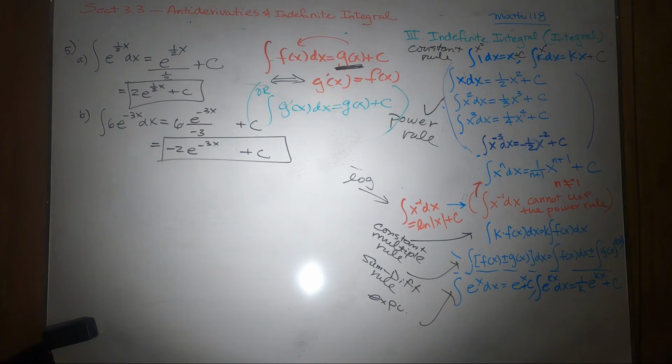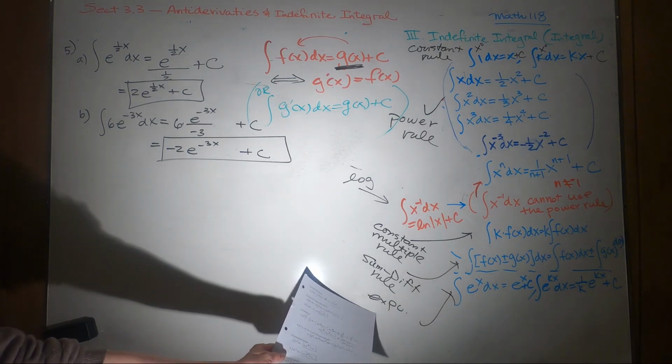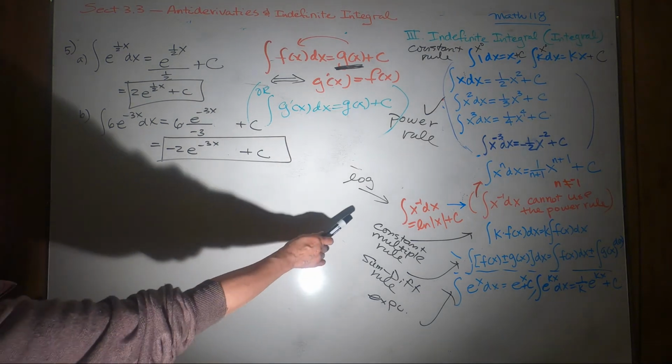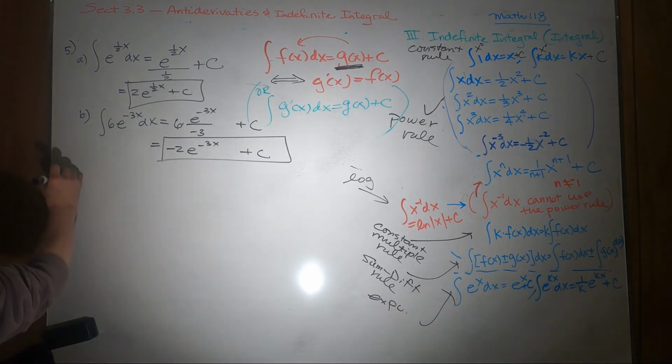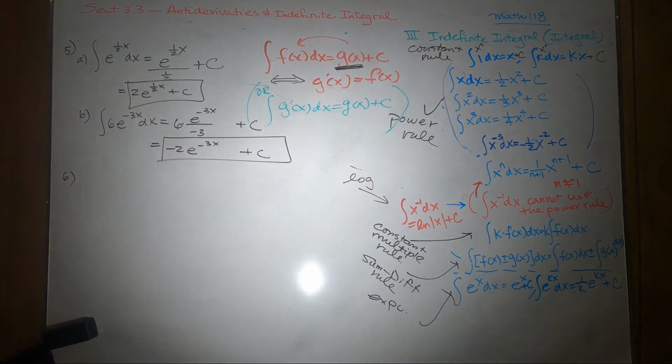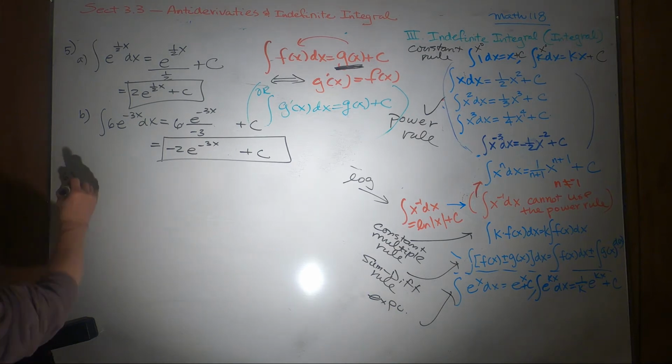So we just did what? We practiced exponential functions for the antiderivatives. One more thing we need to practice is the log. That means when the power is -1 for the base of x, then we cannot use the power rule. We have to use natural log. Okay?